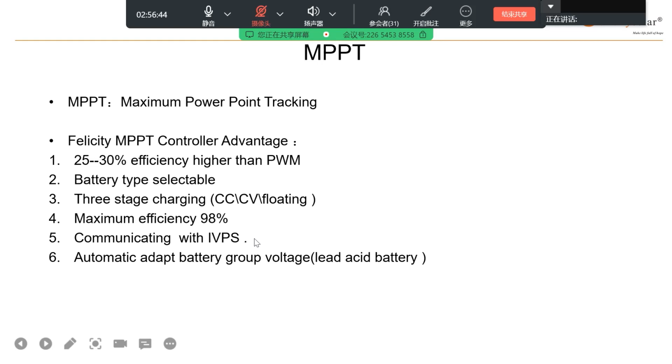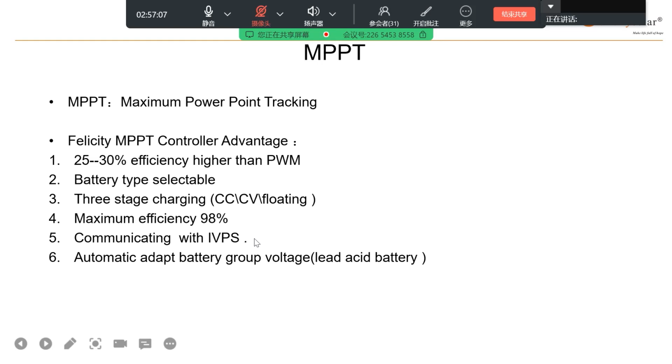How? You just need to connect the communication cable. Then the IVPS and the MPPT can be combined. It's the same as IVPM. Then you can set the priority of the source, like PV first, utility first.